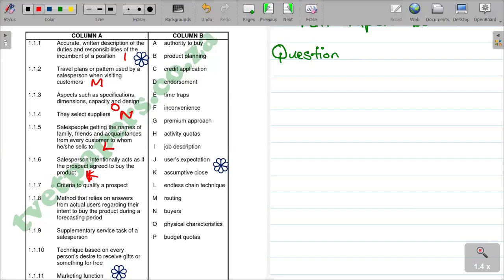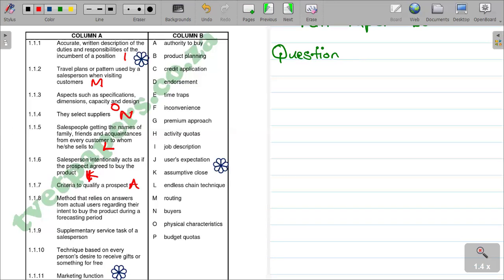Assumptive close, which is K. Right, 1.17, criteria to qualify a prospect. The answer is authority to buy, A.